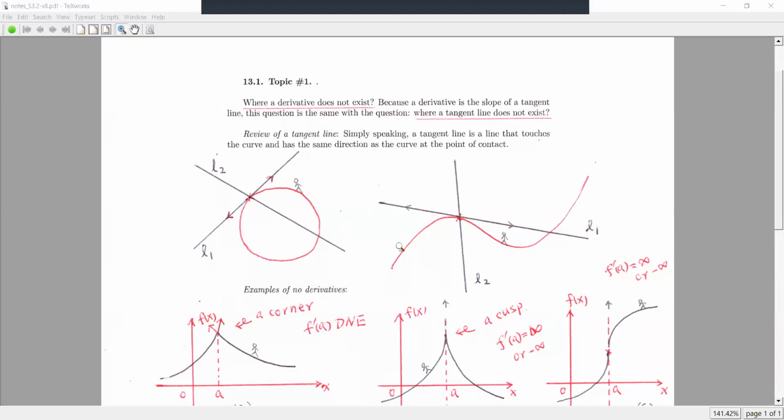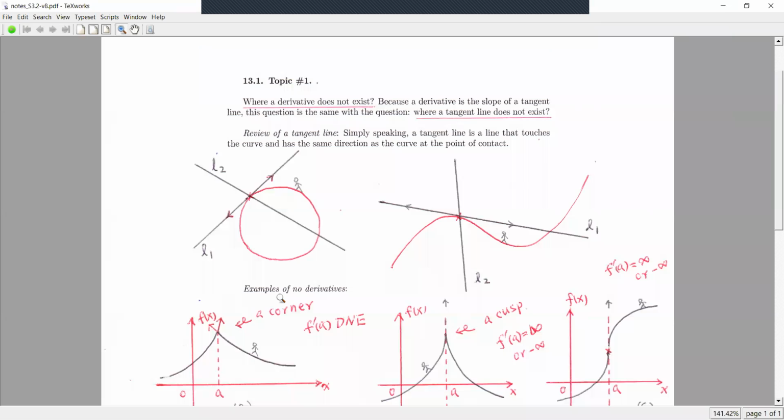Walk from the other side, when I pass the point of contact, my walking direction is this direction. These two directions are the direction of the curve at this point. The line L1 matches these two directions. Therefore, L1 is a tangent line at this point.